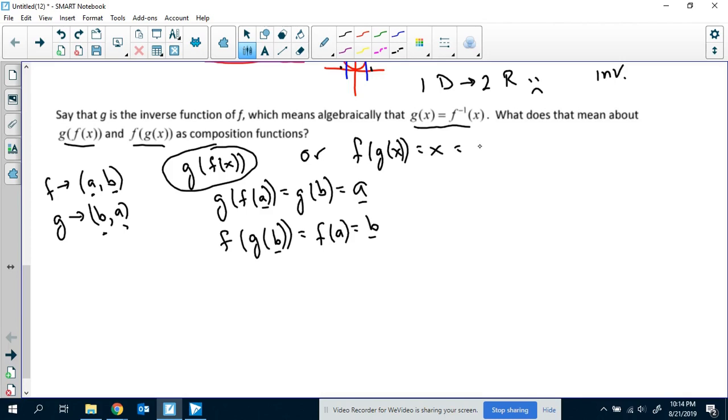I should get X back. I'll write it down just to make sure we get it. So in order to specifically answer the question, what does that mean about G of F of X and F of G of X? They are both equal to X.